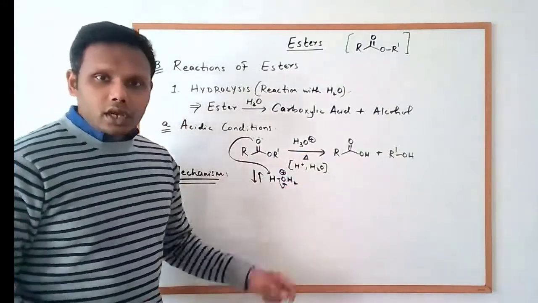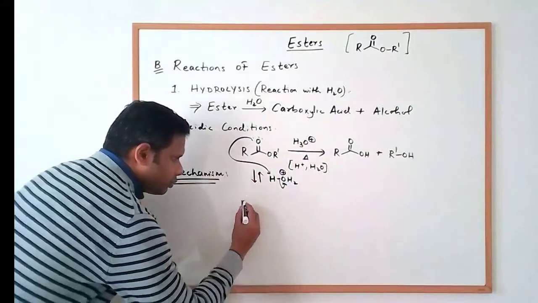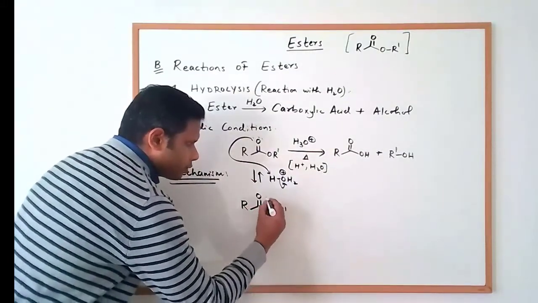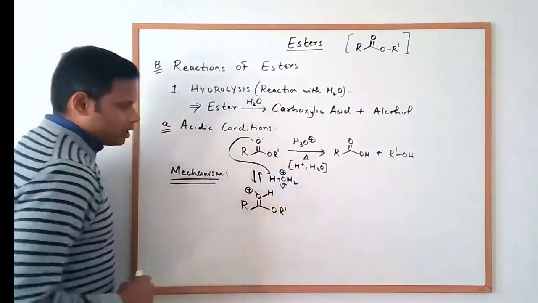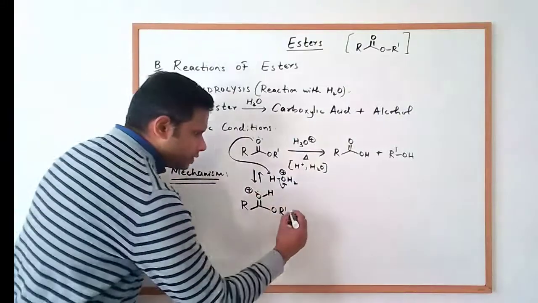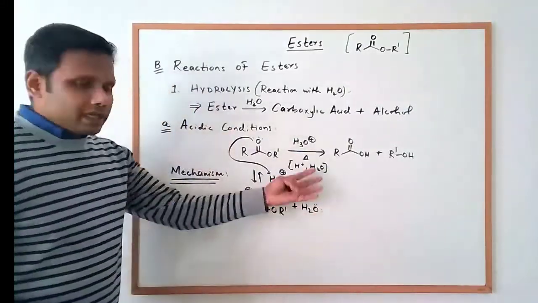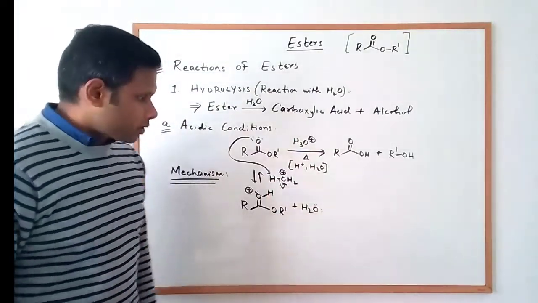So electrons are pushed up to that oxygen, and we will get the protonated ester molecule, where the acyl oxygen has been protonated. And along with this, we make water. And realize this reaction is going on under aqueous conditions, so there is enough water around.